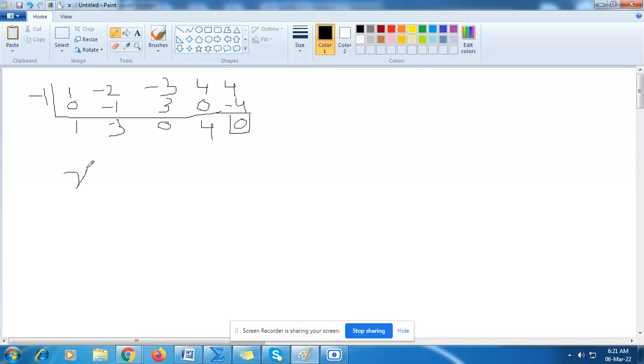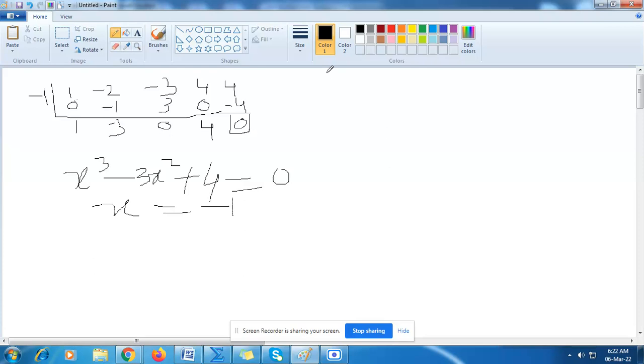That is x cube minus 3x square plus 0x plus 4 is equal to 0. Okay. Now here by inspection x equal to minus 1 is a root.